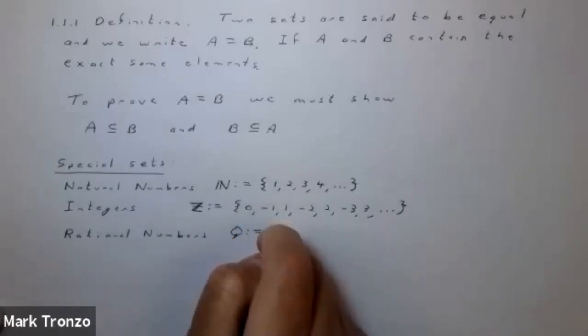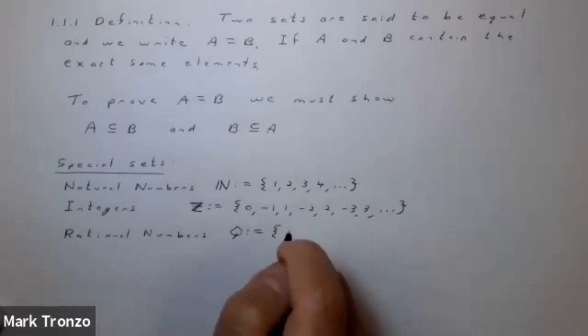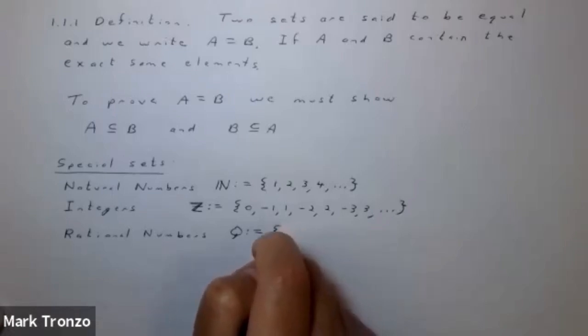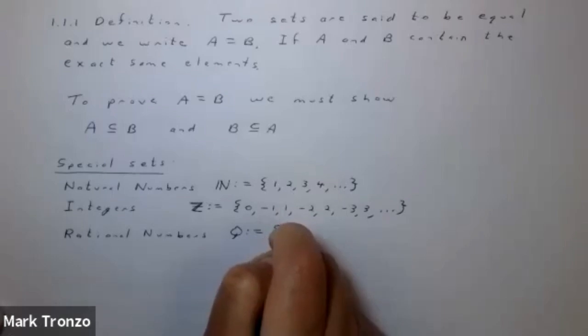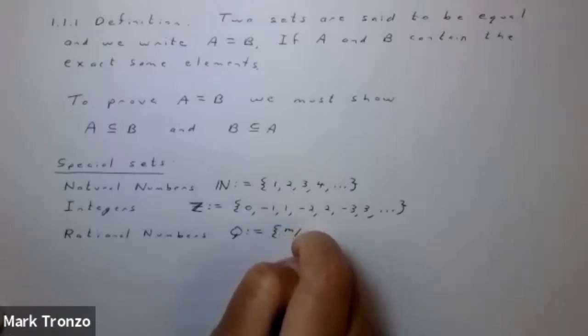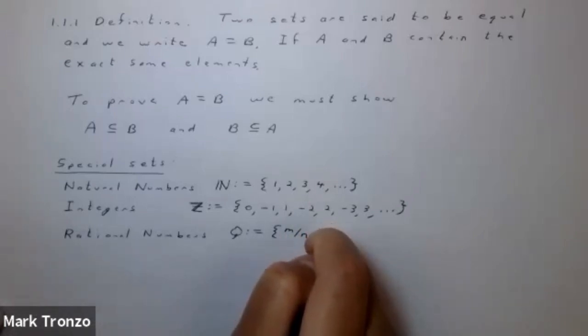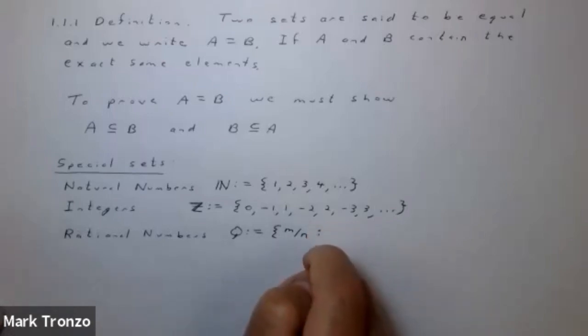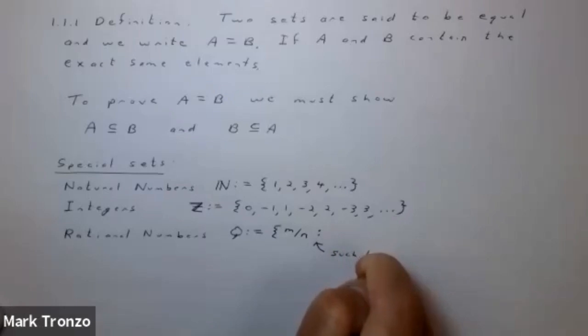Now, sometimes when you write sets, you can write it with something that's called set builder notation, where this consists of the m over n, all the m over n's, such that, and this double dot here, when it's inside the set, means such that. And some people use a vertical line instead.